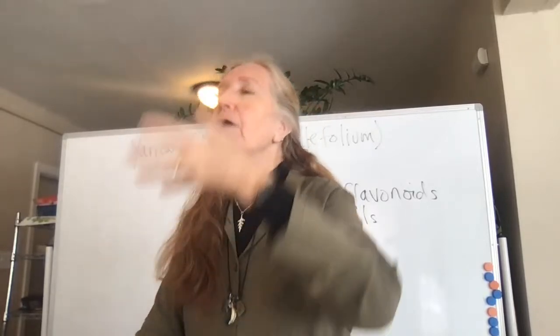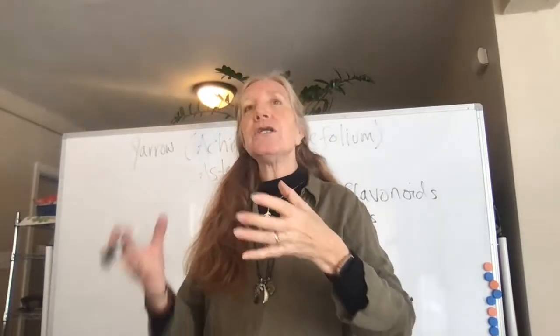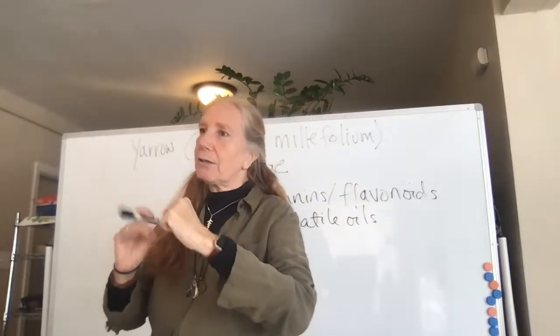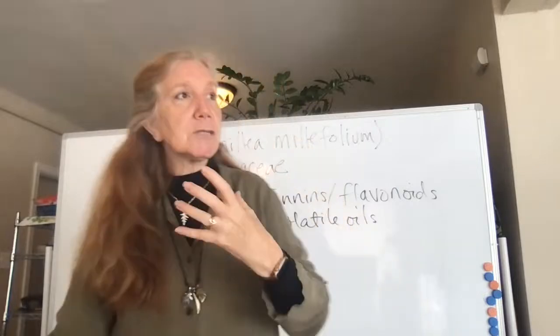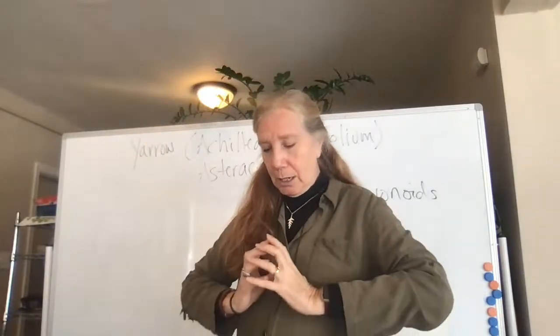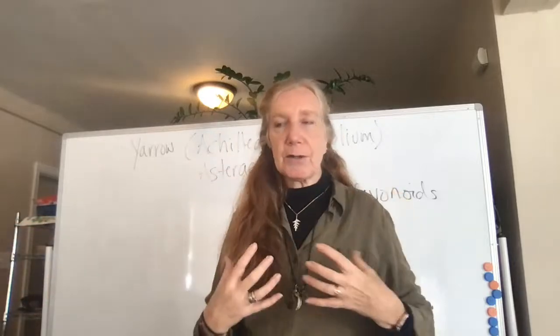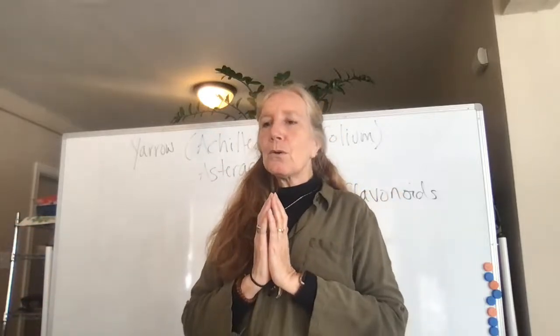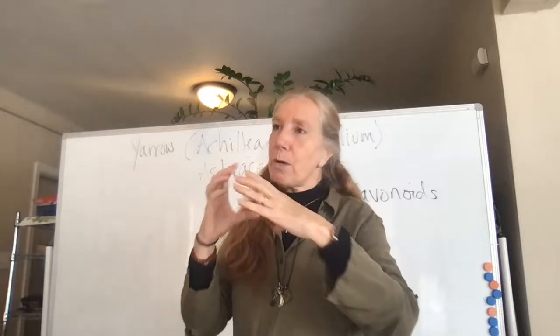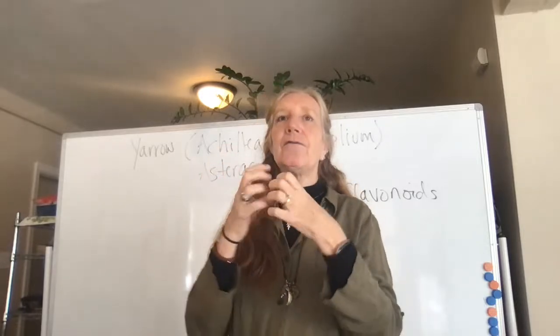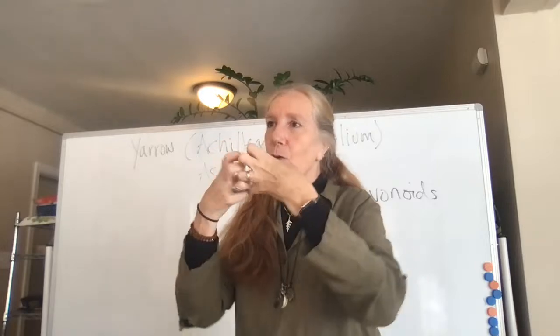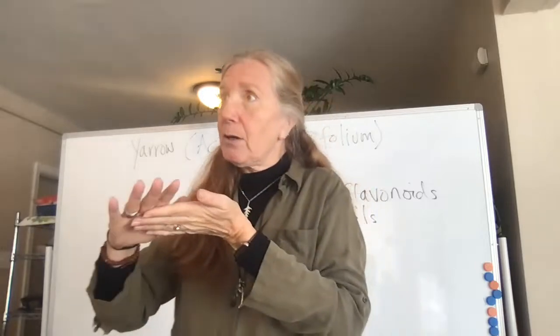ways that we use yarrow, and other ways to think of yarrow, which is that yarrow keeps blood in its channels. So blood is supposed to be in specific channels, right? The blood stays in the blood vessels, and the blood vessels throughout the body. When those blood vessels are weak, we have blood vessels that leak or break and cause bruising, right?